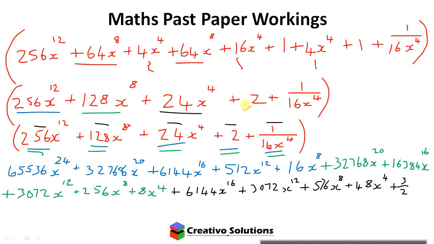Okay, so multiply the 2 into all of them. 2 times 256 is 512, x to the 12.